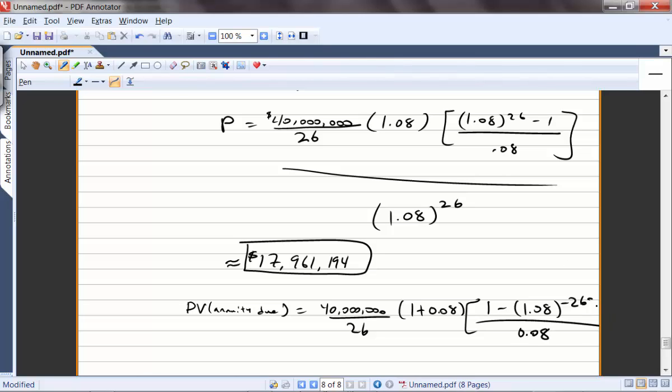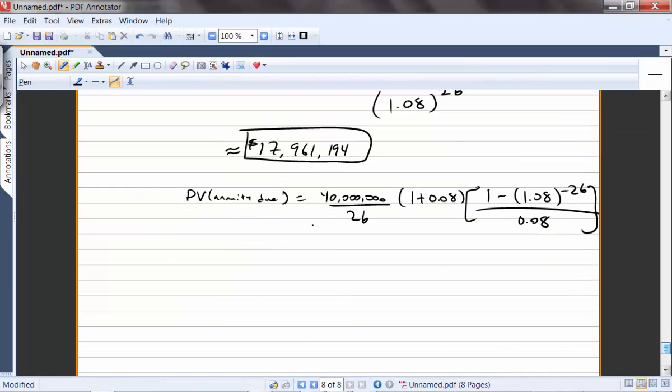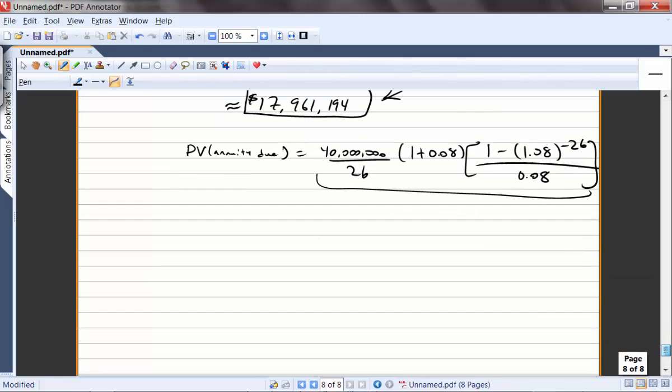Over r, yeah. If you did this calculation right here, you should get exactly the same thing as if you did up here. You can verify that.